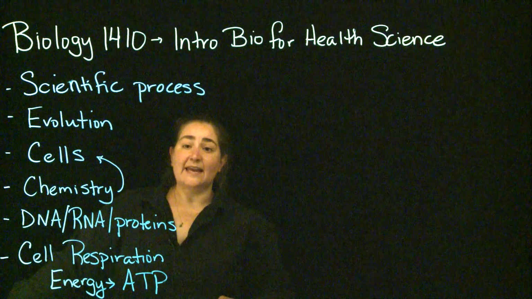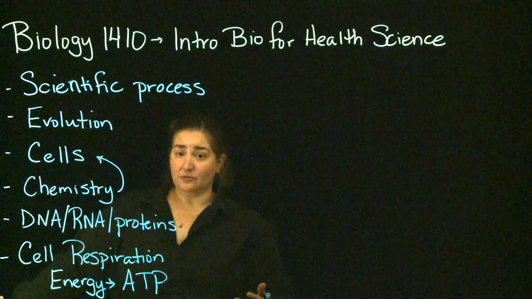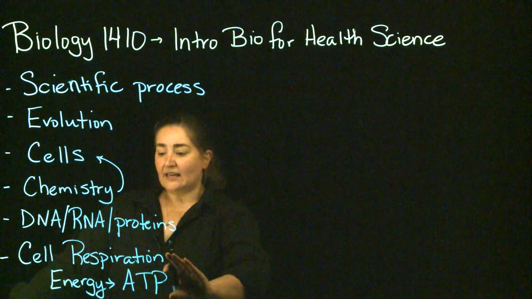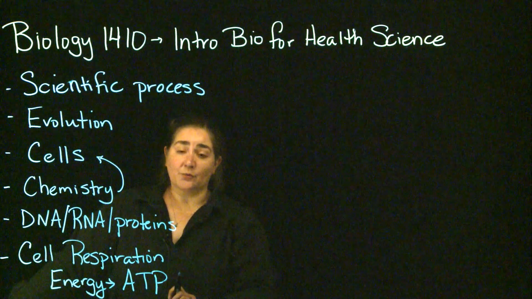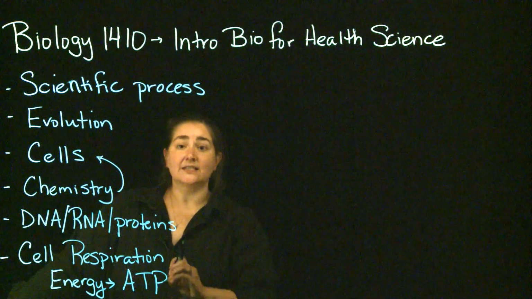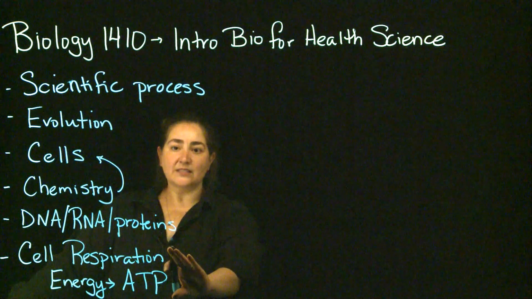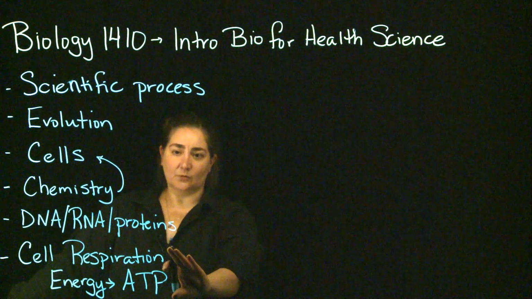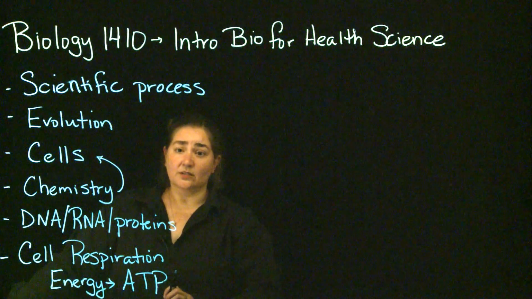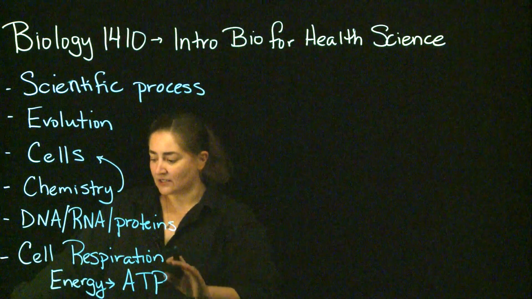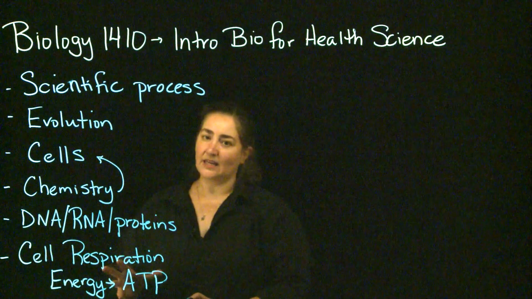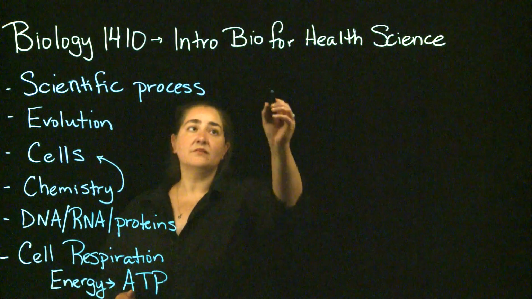We'll talk about ATP when we talk about cellular respiration, all right? And it's a really important process to understand because as future healthcare providers, you need to have a basis for understanding how metabolism works. And that's really what cellular respiration addresses, all right, is a lot of metabolism and energy balance, okay?